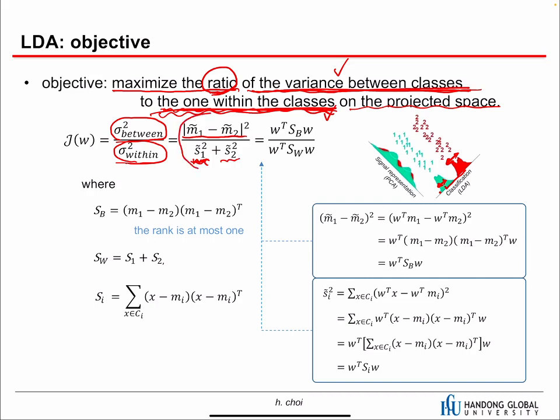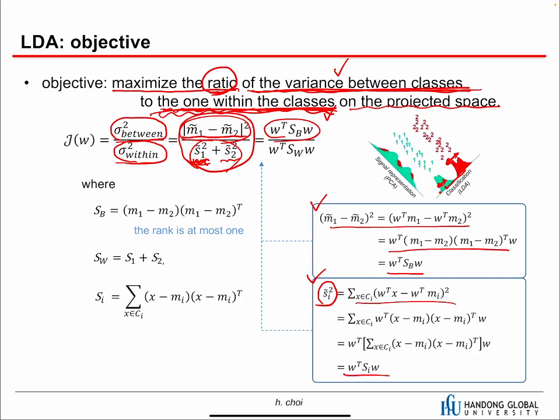Now we have defined this objective, and if you follow these simple equations, this one can be rewritten by this, and this S sub I tilde square is this one.